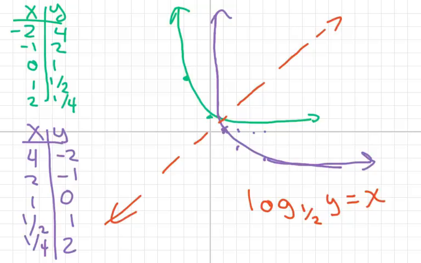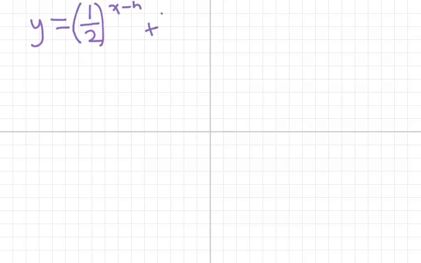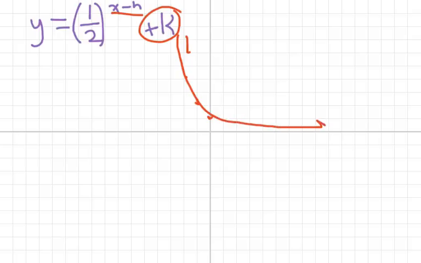So the next thing we have to do is transformations. And the way you do transformations is the general form is y equals 1/2 to the x minus h plus k. So this is your horizontal and this is your vertical. And if I graph this again, something like this, that's your parent function.